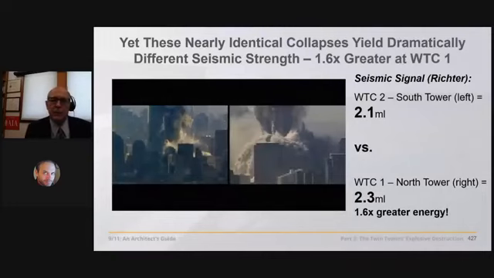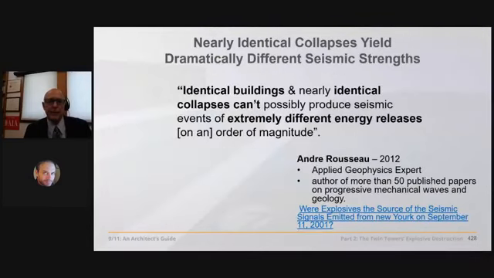So the difference between 2.1 magnitude seismic event and 2.3 is 1.5 times larger. So what can produce that? So Andre Rousseau says identical buildings and identical collapses can't possibly produce seismic events of extremely different energy releases.